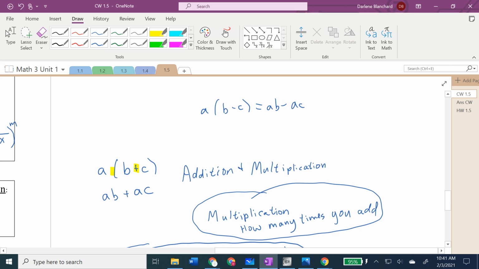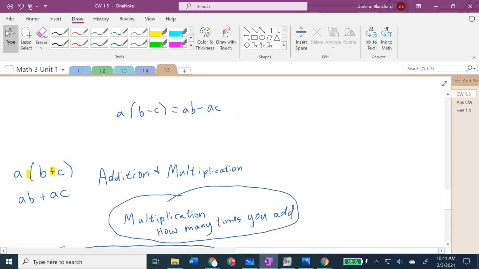Okay. I'm just going to write this down real quick then. I want to point out to you that you know that these 2 distributive rules work. You also know that if you have division, you can distribute the division.